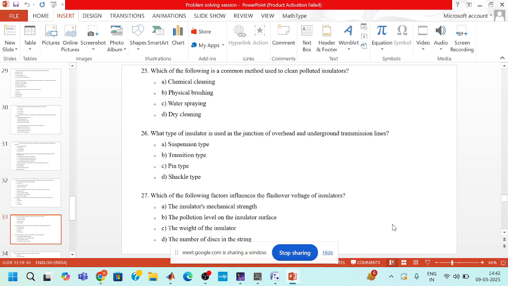Now the next question is, which of the following is a common method used to clean polluted insulators? Options are chemical cleaning, physical brushing, water spraying, dry cleaning. B, physical brushing. Anyone else? Chemical cleaning, madam.